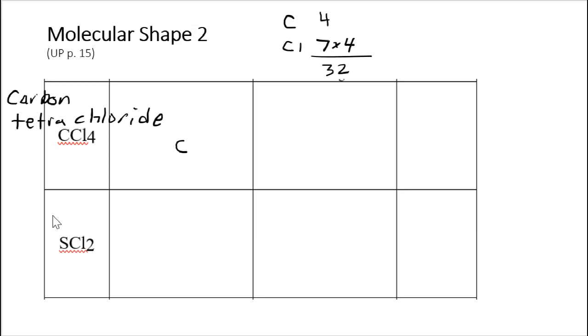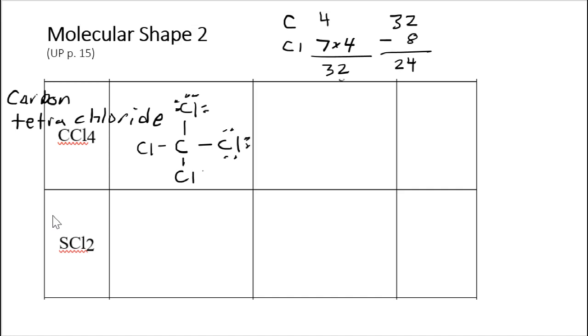We got carbon in the center. Let's put a chlorine there, chlorine down there, chlorine over there, and a chlorine up there. So 32 minus 8, we got 24 left. 1, 2, 3, 4, 5, 6, 7, 8, 9, 10, 11, 12, 13, 14, 15, 16, 17, 18, 19, 20, 21, 22, 23, 24.